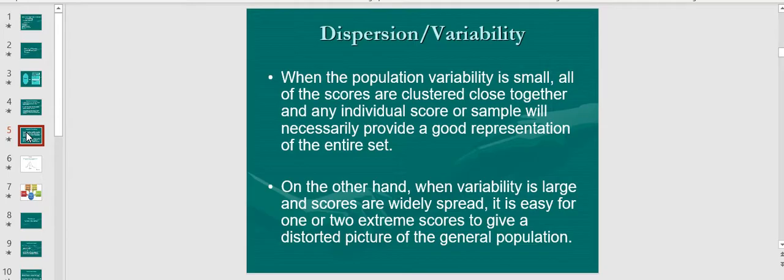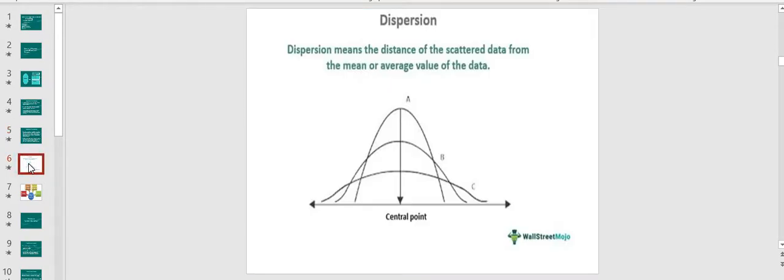When the population variability is small, all the scores are clustered close together, and any individual score or sample will necessarily provide a good representation of the entire set of data. On the other hand, when the variability is large, the scores are widely spread, and it is easy for one or two extreme scores to give a distorted picture of the general population.